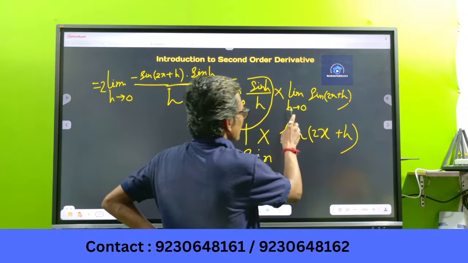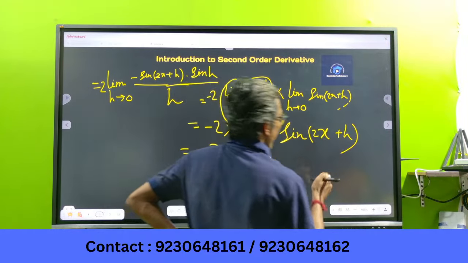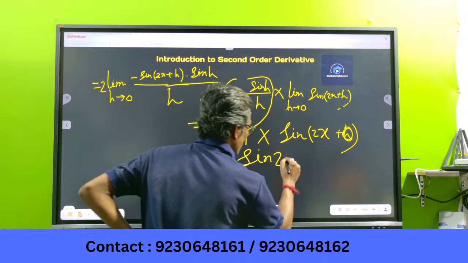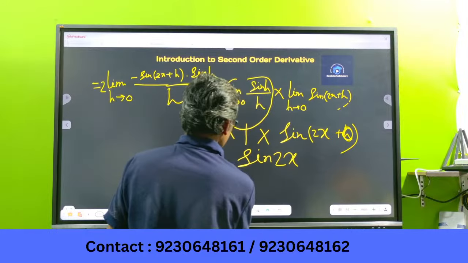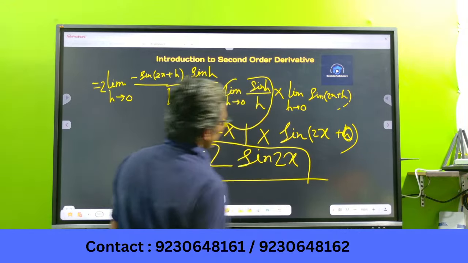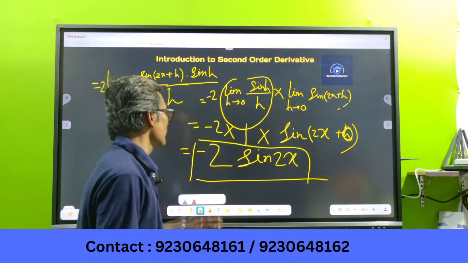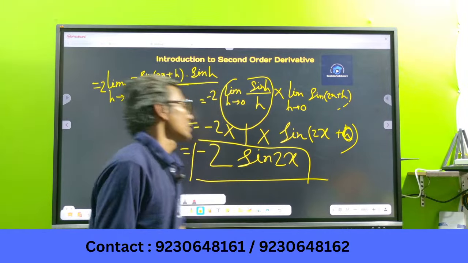So the value of h is 0, so minus sin of 0 plus 2x means minus sin 2x. So this is the required answer, and this has been proved from the first principle of derivative, and the function was cos 2x.